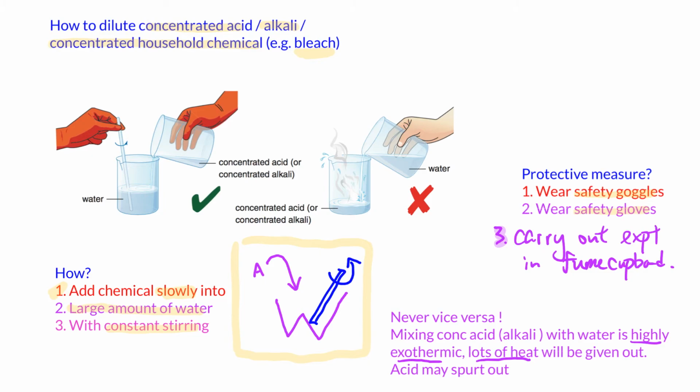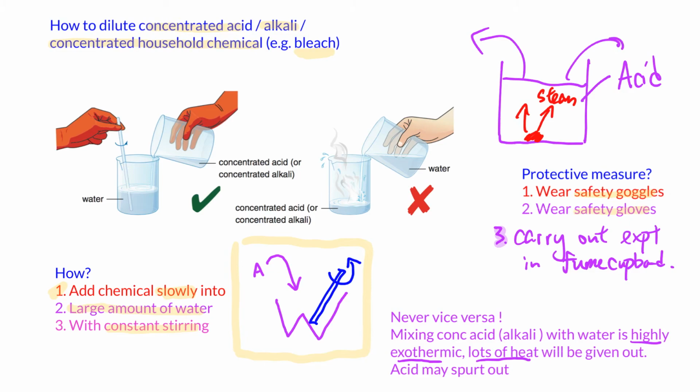So if you have a beaker like this with the acid, when you put the water in, the water gets in here and it will be highly exothermic, giving out a lot of heat, and then the water may turn into steam immediately. When it turns into steam, it will make the acid sprout out, so it will hurt people around. So never do it the other way around. Vice versa is not okay.